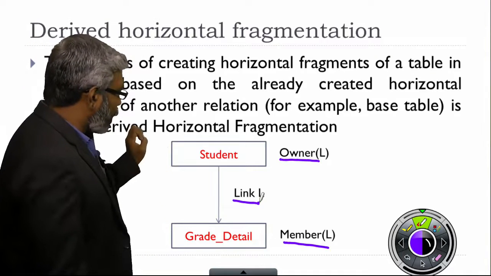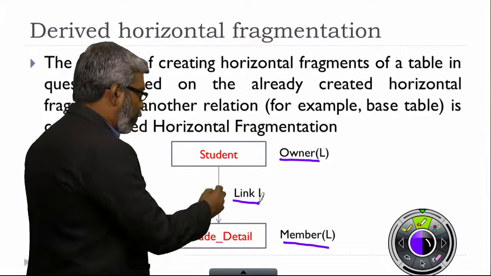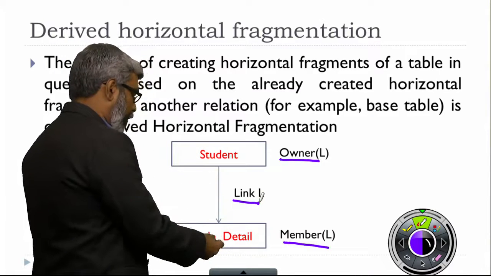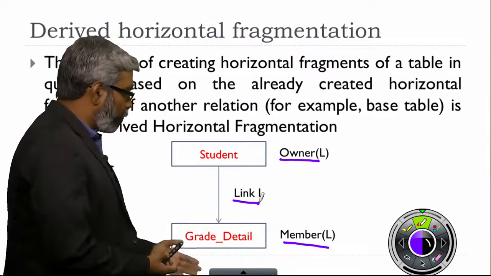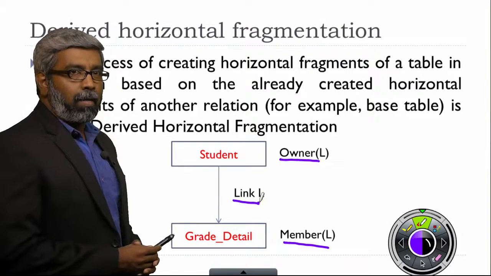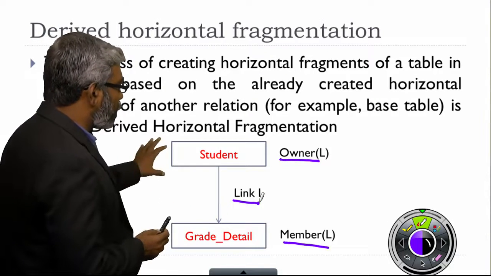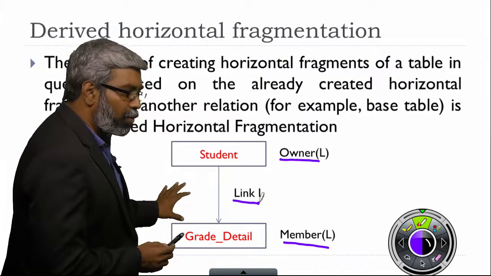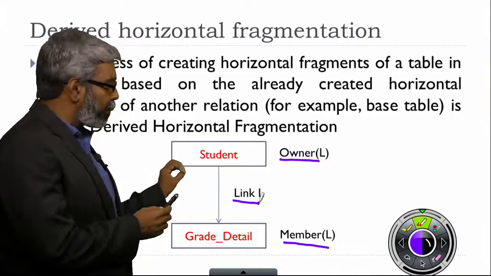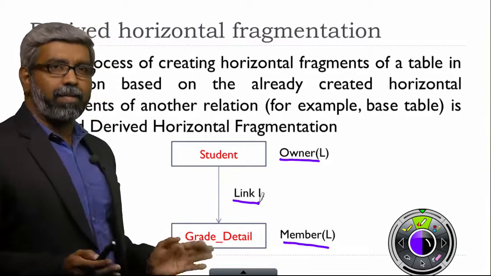Here, the domain of the primary key attribute of the owner table and the foreign key attribute of the member table are going to be the same. So now the idea is I'm going to fragment one of these tables using primary horizontal fragmentation and the other one using derived horizontal fragmentation.